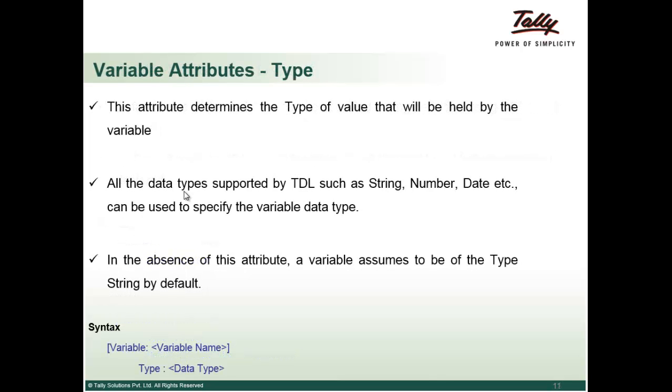We already saw the type attribute. The attribute determines the type of the value that will be held by the variable. All the data types supported by TDL, that is string, number, date, etc., can be specified here. In the absence of this attribute, a variable defaults to type string.